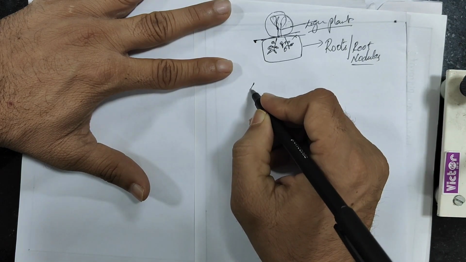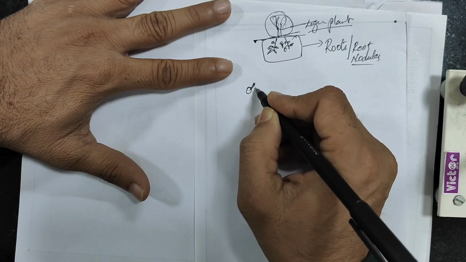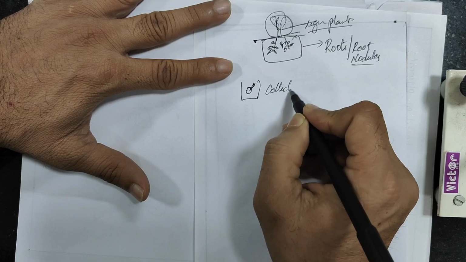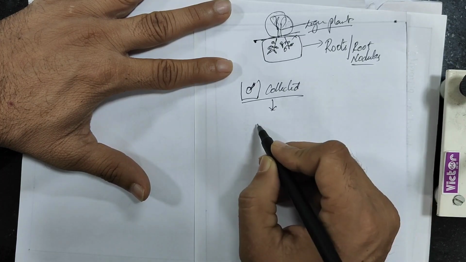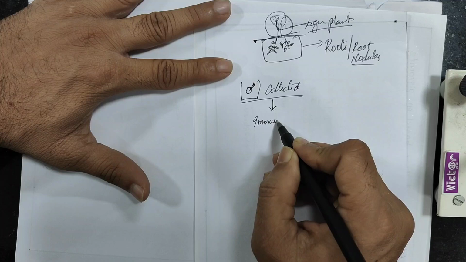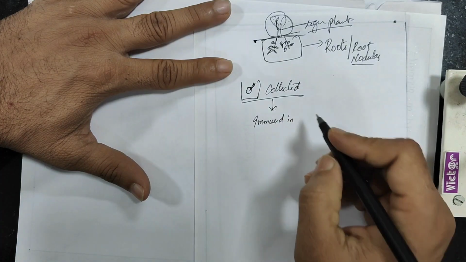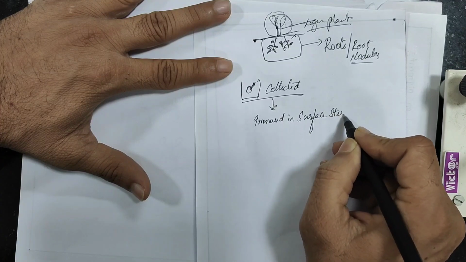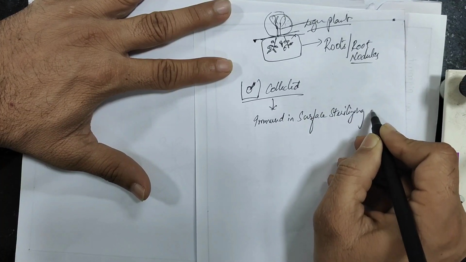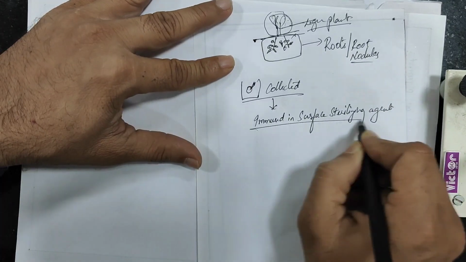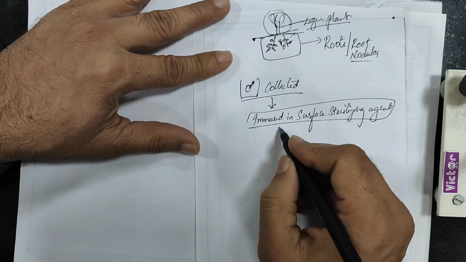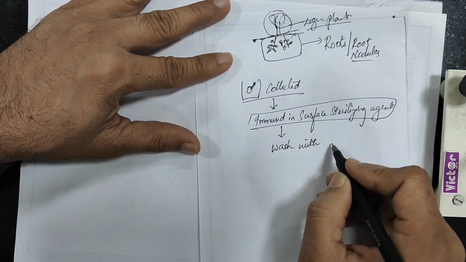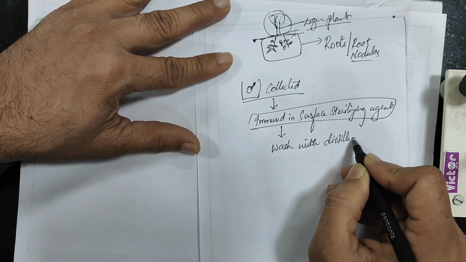So these root nodules are collected and immersed in surface sterilizing agent, then washed with distilled water.